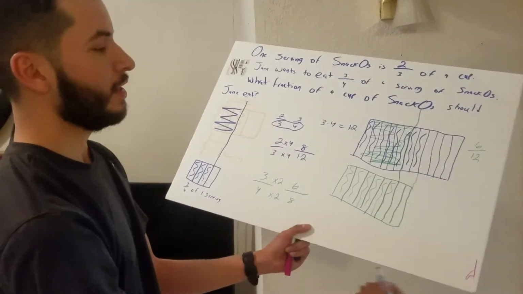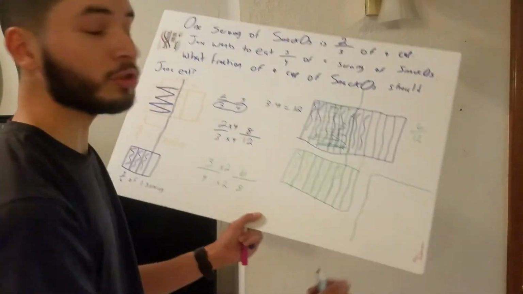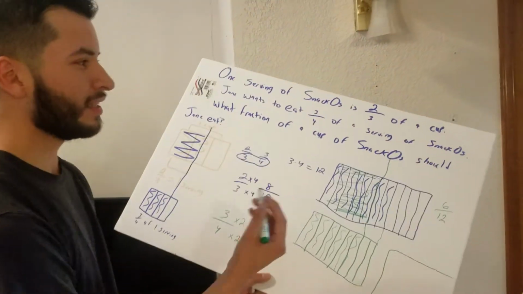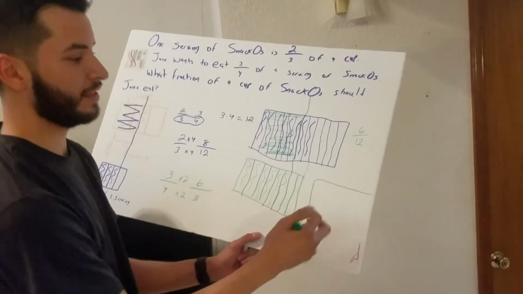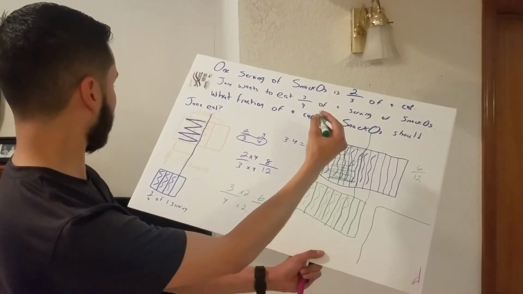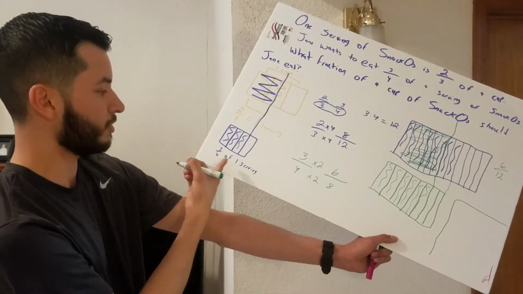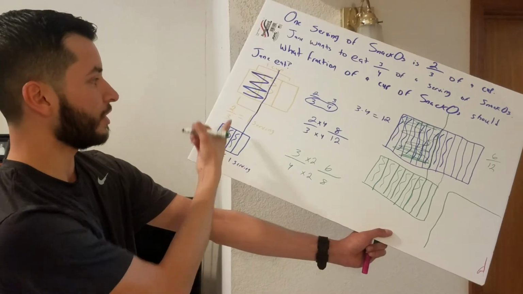Jane should eat. And we could go ahead and check that by multiplying the two fractions, because essentially what this question is asking is, actually, it's asking what is 3/4 of 2/3. Since it's asking what 3/4 of 1 serving is, we know that 1 serving is 2/3.